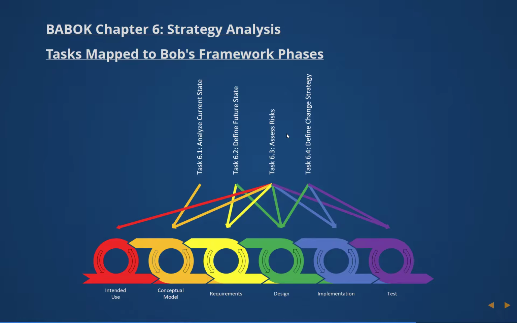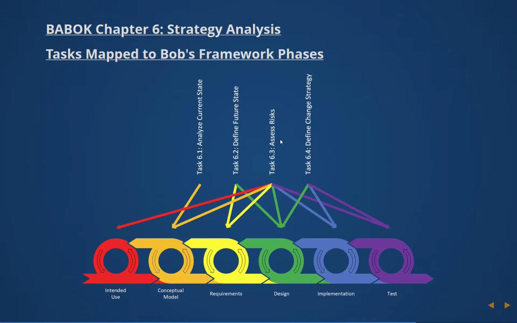Chapter 6 talks about strategy analysis. So in this case, we analyze the current state, if there is one. And that means that we do the conceptual modeling, right? Then task 2 is define the future state. That involves requirements and design as both an abstract form of the future state and a more concrete form of it.